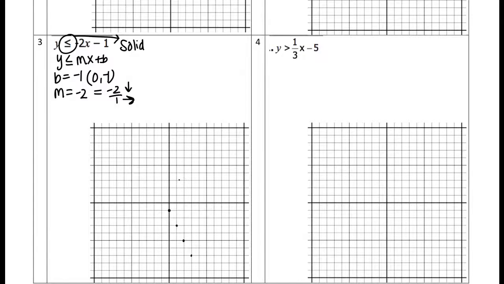I can also go up 2 spaces and back 1. We could always do the opposite. Again, just until I have enough points that I feel like I can draw my line. Then I'm going to draw my straight line. Mine's not as straight. Y'all know why.